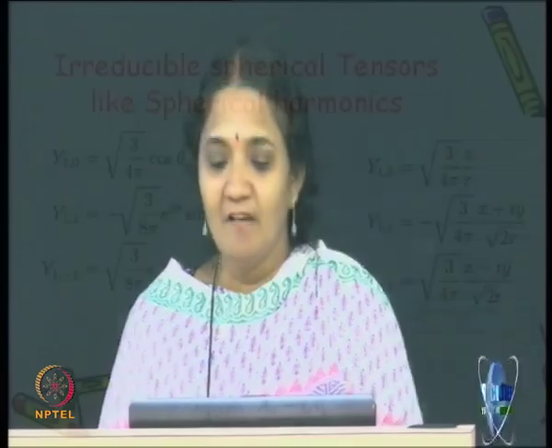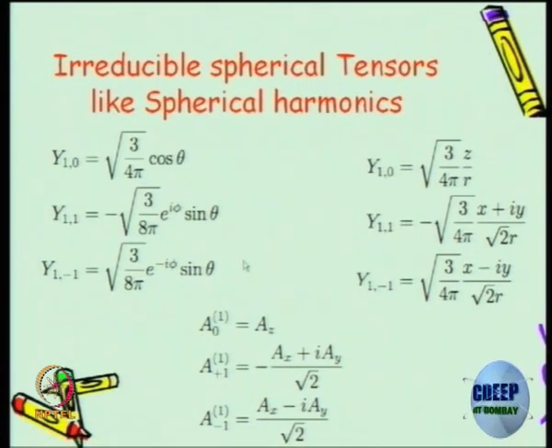Rank 1 tensor is a vector, and keeping your knowledge of spherical harmonics, which is applicable for the position operator, you can try and write any vector operator in that notation. Instead of writing x component, y component, z component, you will like to write it as k comma q: 1 comma 0, 1 comma 1 and 1 comma minus 1, or you can put a superscript and a subscript, where the superscript corresponds to k and the subscript corresponds to q.